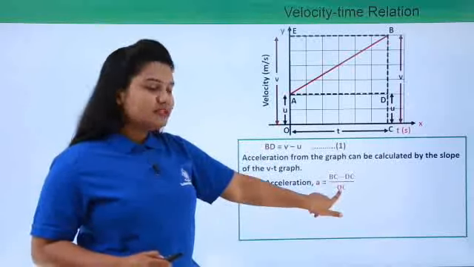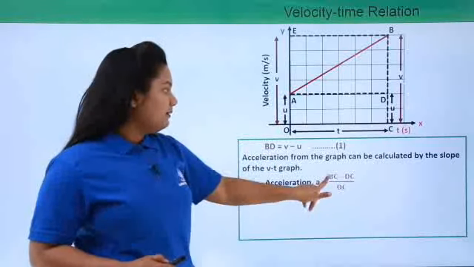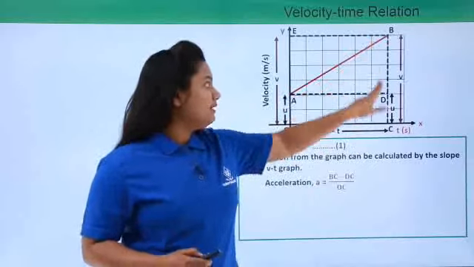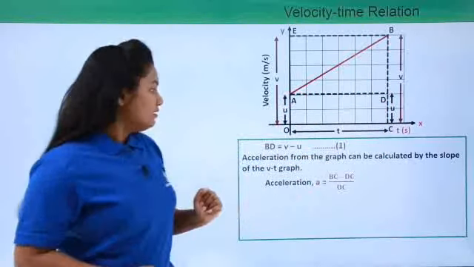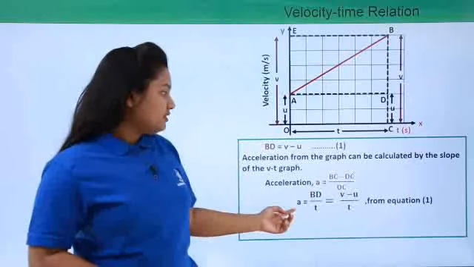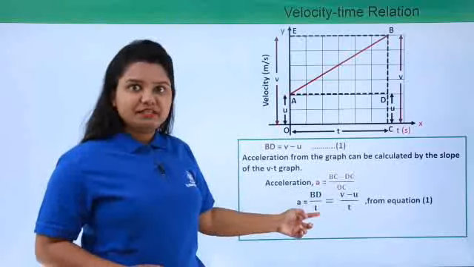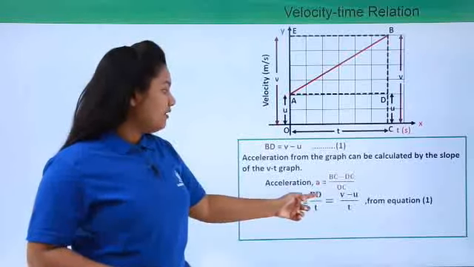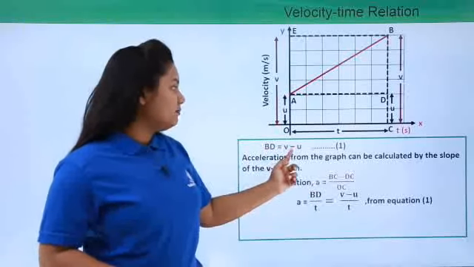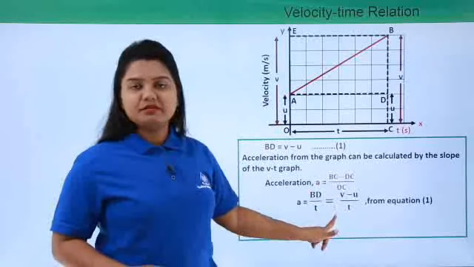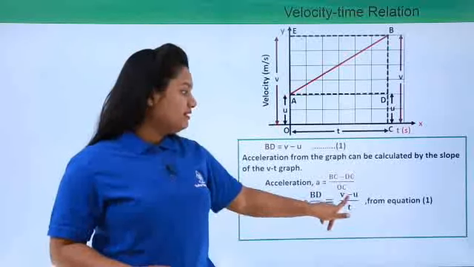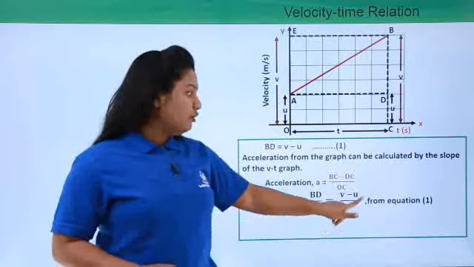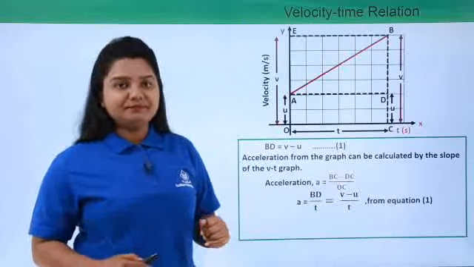So here we know OC equals t, and BC minus DC gives us BD. So here acceleration is equal to BD divided by t, and we have already found the value of BD, which is v minus u. So we'll substitute that value here. So our acceleration a becomes v minus u divided by t on using equation 1.